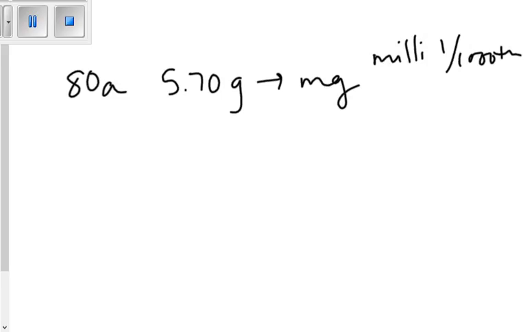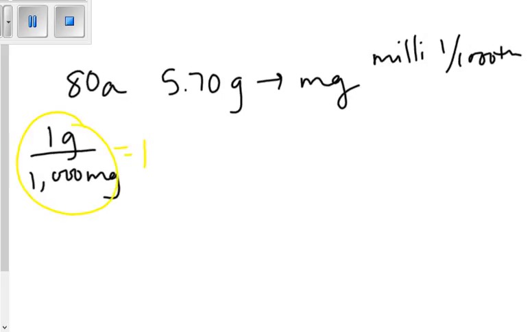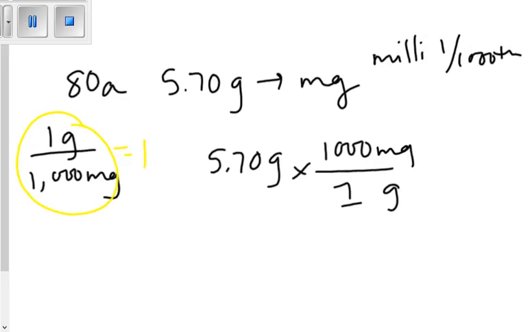So let's take a look at this. My conversion factor then, in 1 gram, I have 1,000 milligrams. So I want to use this conversion factor, and this is just equal to 1. I want to use that conversion factor to cancel grams and end up with milligrams. So 5.70 grams, grams is in the numerator. So I want grams in the denominator with my conversion factor, so I flip it the way that I had it before. And so 1,000 milligrams is in the numerator.